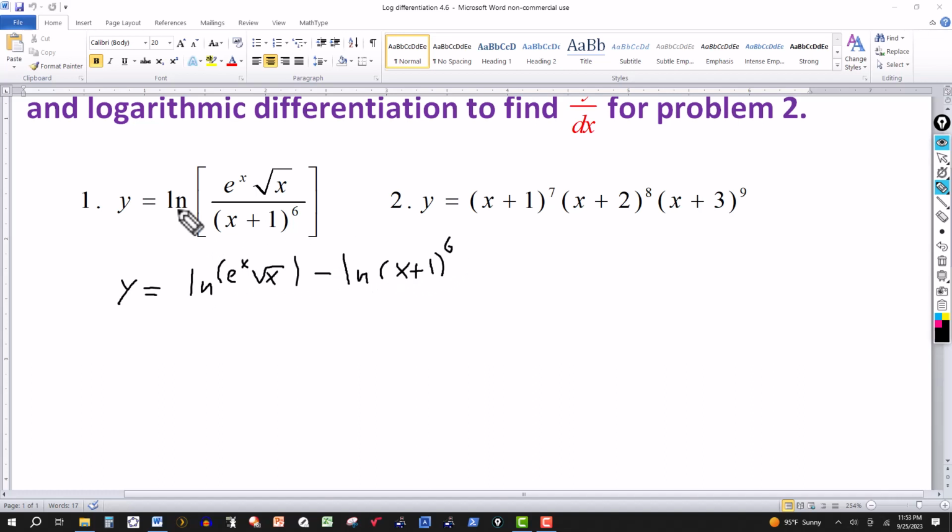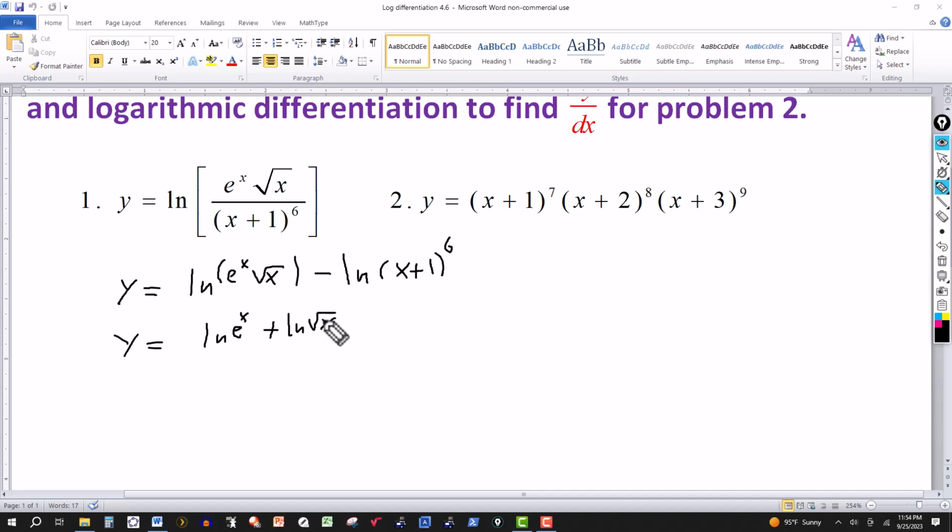So again, simplifying this using properties of logs, I take the log of the numerator minus the log of the denominator. And when you have a log of a product, you can write that as a sum of the logs. So instead of the log of e to the x square root of x, I can write that as a sum, ln of e to the x plus ln of the square root of x.